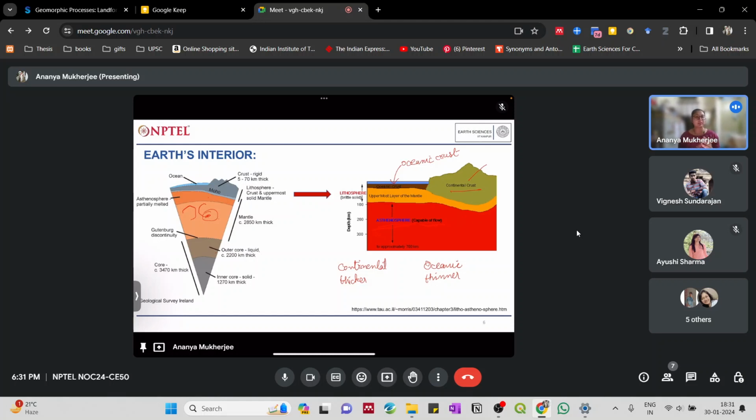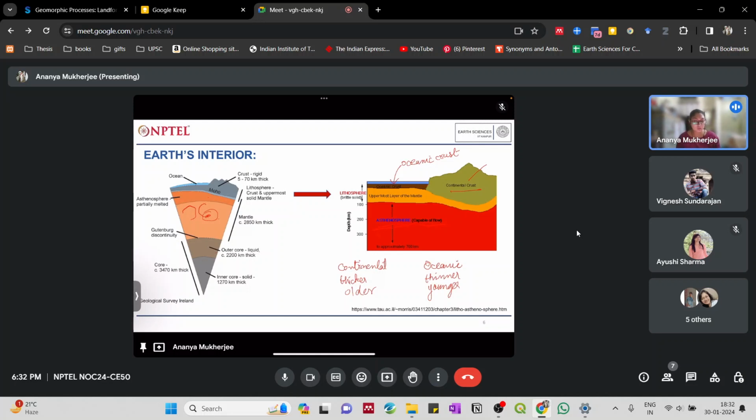So continental crust is still present, and that is why the continental crust is thicker as well as older, and your oceanic crust is younger when compared to each other. As I said, you have continental and oceanic crust, and even the compositions are different.